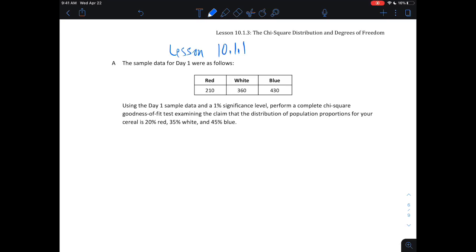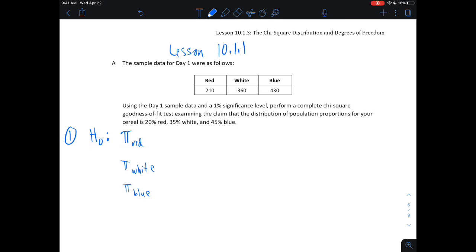As we learned in the previous lesson, our null hypothesis involves the symbol pi, for population proportion. Here, we're going to say pi with a subscript red, pi with a subscript white, and pi with a subscript blue. We could use pi sub 1, 2, and 3 if it makes sense that red is 1, white is 2, and blue is 3.